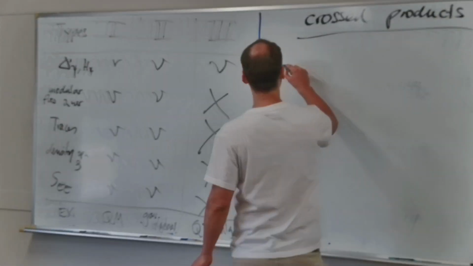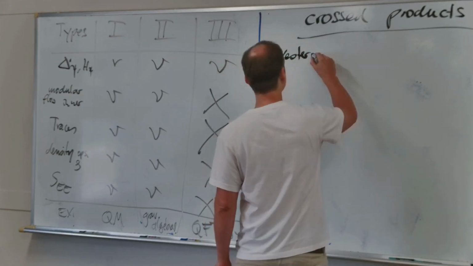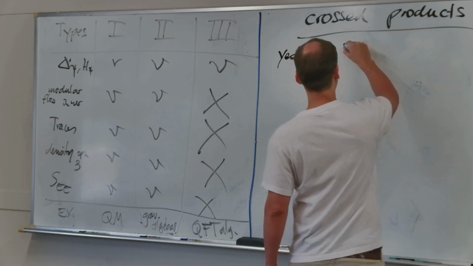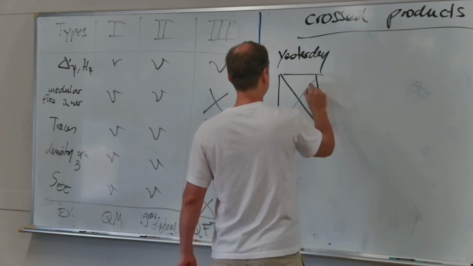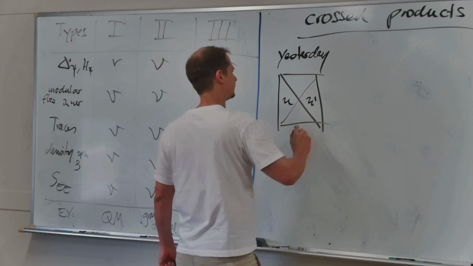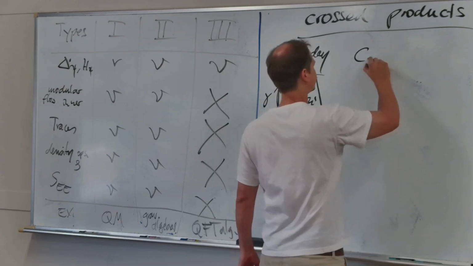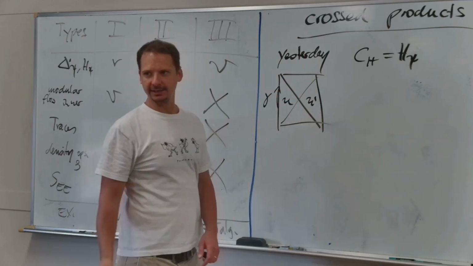Yesterday we saw, for instance in the static patch, that we had mu prime and some gamma here, and then we got this CH as here. I'm going to put the psi; yesterday I didn't put it.